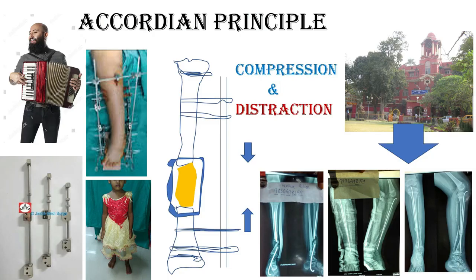And last but not least, I just want to update you on a small thing about the accordion principle. Just know the thing. Accordion is an instrument for singing or any program. There is a principle called compression and distraction.